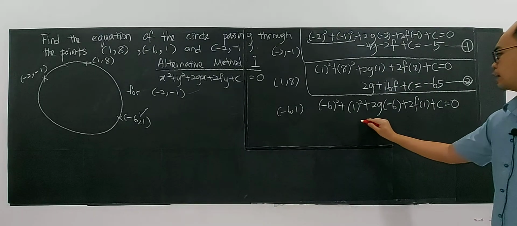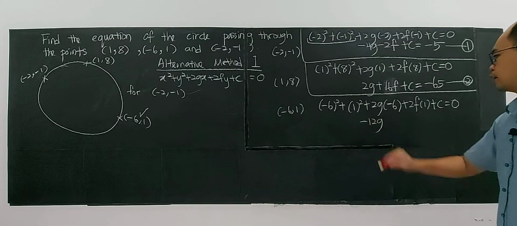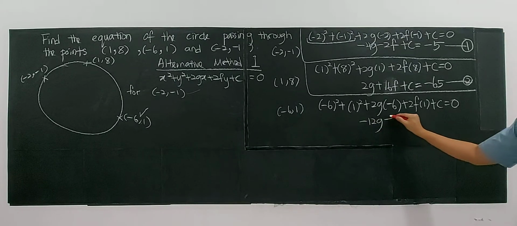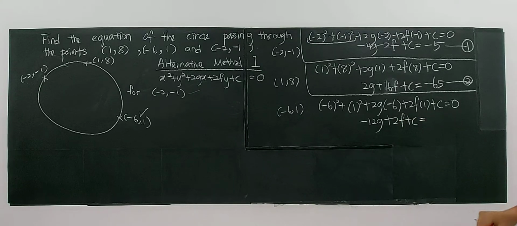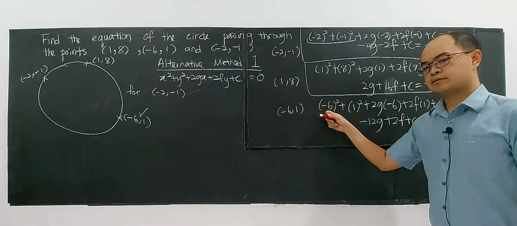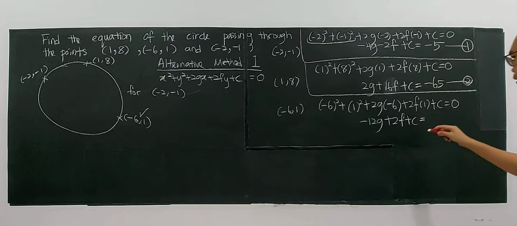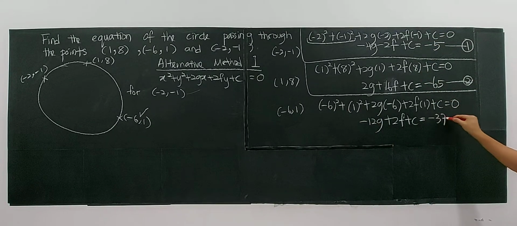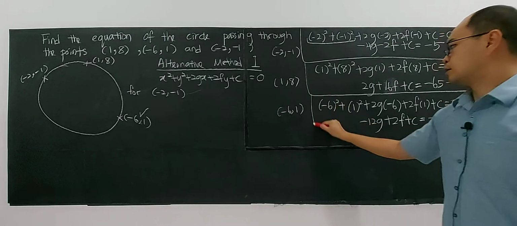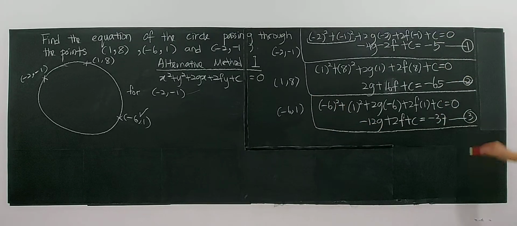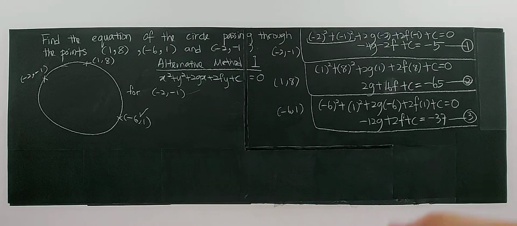So we have -12g plus 2f plus c equals 36, 36 plus 1, that's 37, so you have -37, equation number 3. So very simple. So we have 3 equations, right?